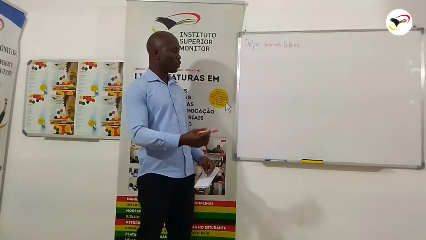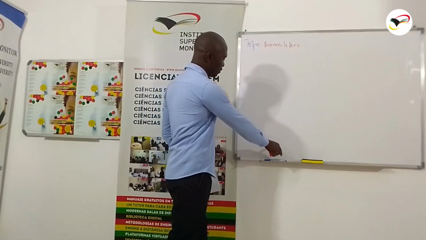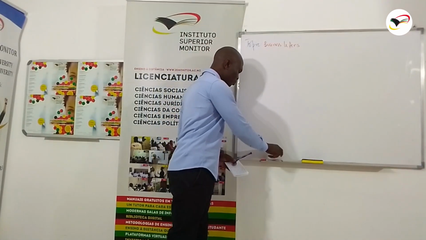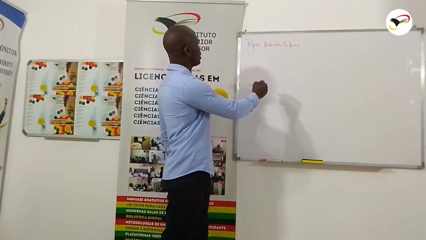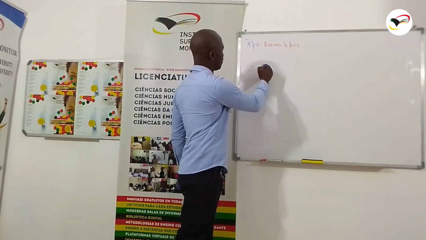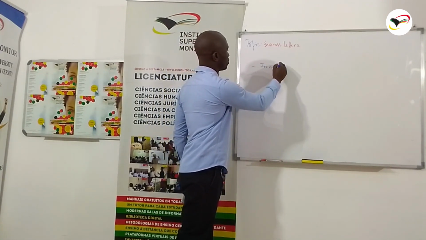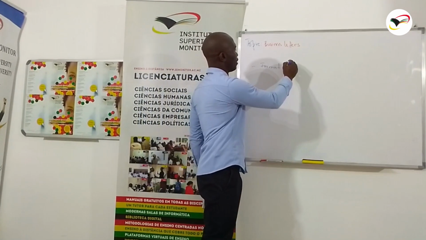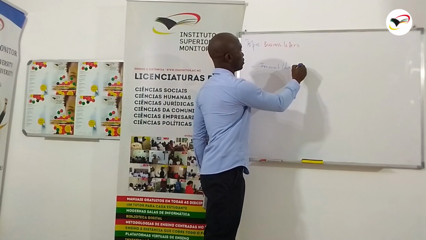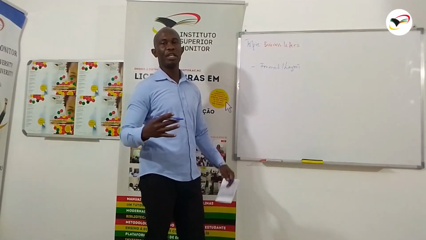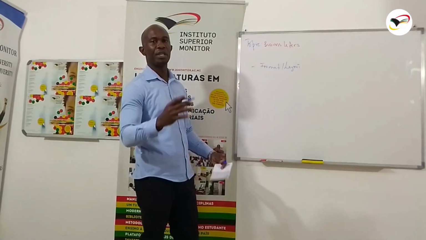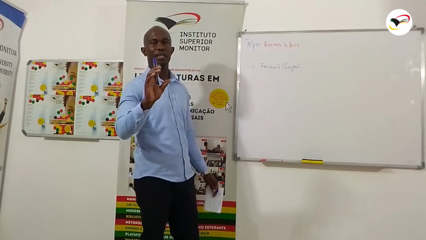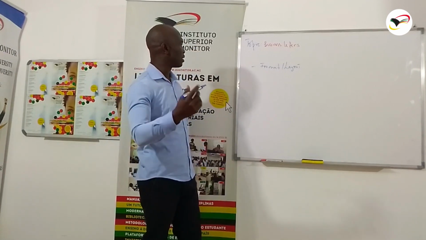We are going to look at three aspects of business letters. We are going to look at the business letters in terms of format. The format is the layout, the way the letter is presented, the way the items are organized in the business letter.